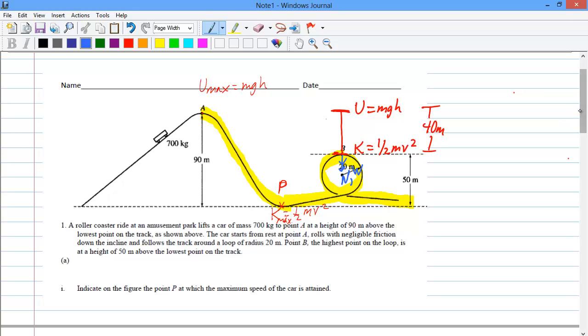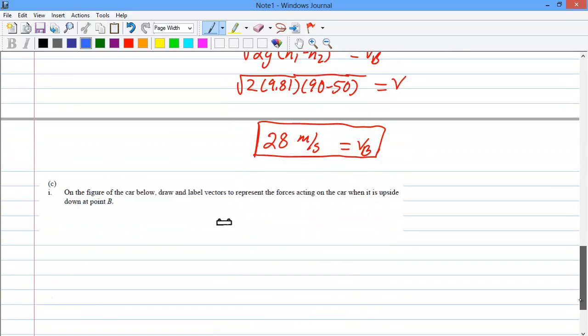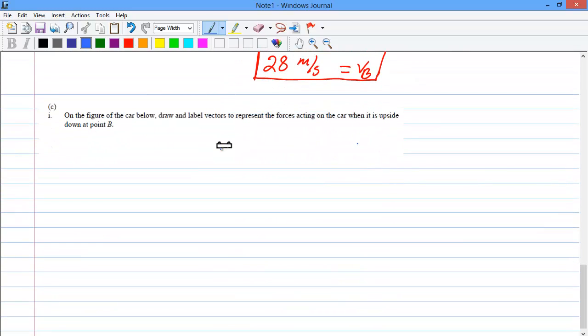So we have two forces. If I was to draw that, I would have the normal force going down due to the rails, and also the weight of the car going down. So at point B, it has two forces pointing down, the weight and the normal force.